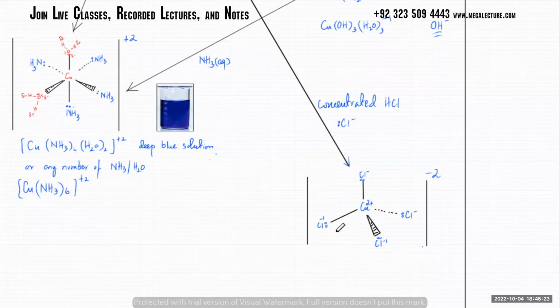Okay, imagine karo that the ligand size is big, like it's very big. So you can't really fit a lot around them. Cl minus 1 is a lot bigger than NH3. What is the MR of NH3? That's 17. What is the MR of Cl minus 1? That's 35.5. So it's either 35 or 37. So Cl minus 1 is much bigger in size. It's a bigger ion.